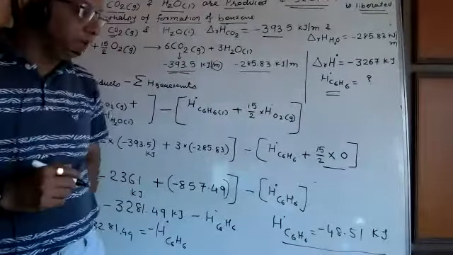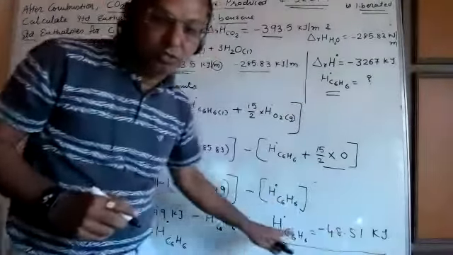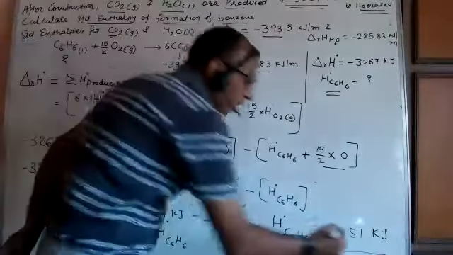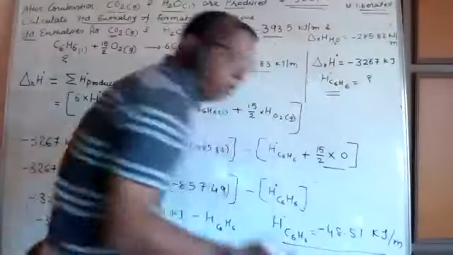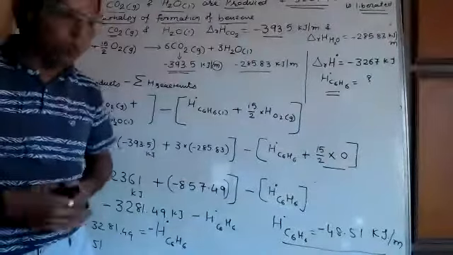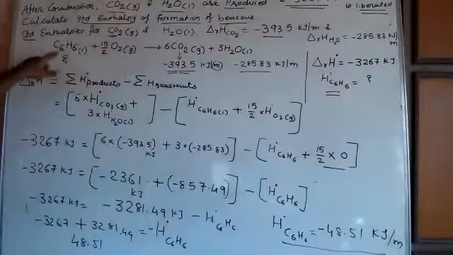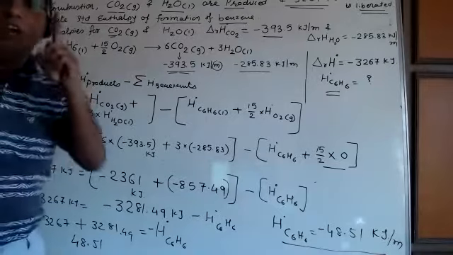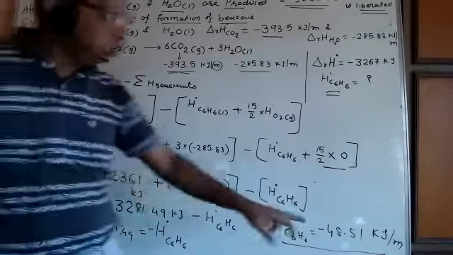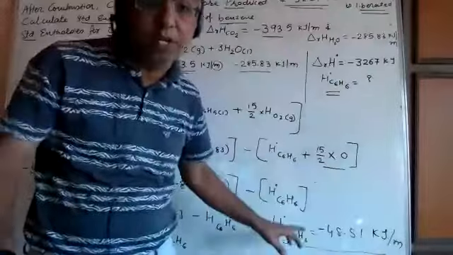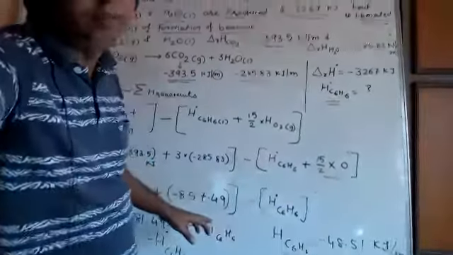One more thing here, this is 1 mole value, and that's why I can write kilojoule per mole, because this value we got for only 1 mole of benzene. You can see we have taken only 1 mole of benzene, and that's why the enthalpy change we obtain is for the 1 mole of benzene.